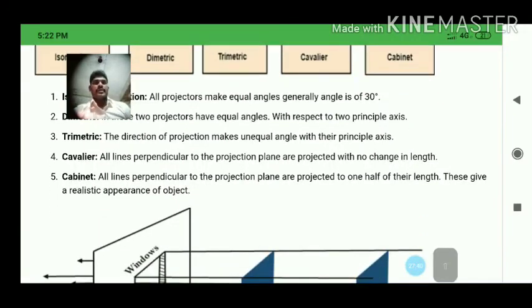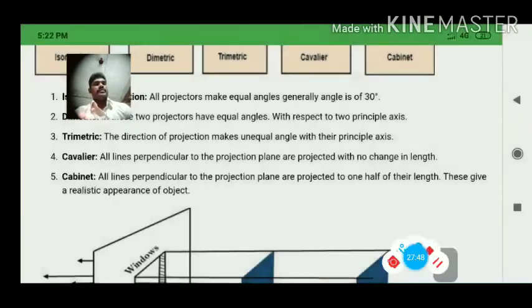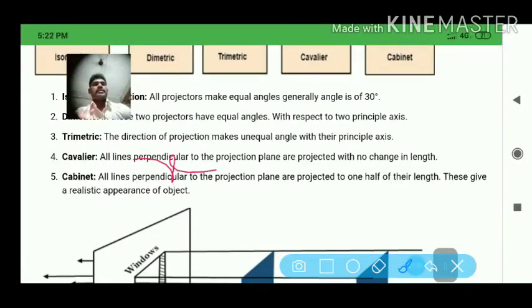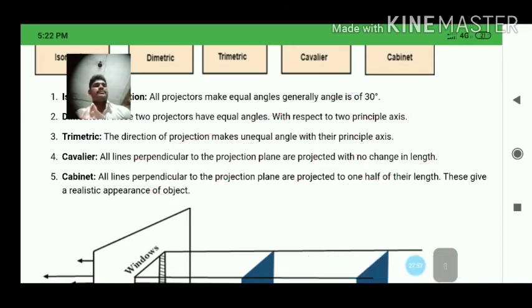And the last one is the triometric. The direction of projection makes unequal angles with the principal axes. Here the three axes are different. It means x is not equal to y, not equal to z. So the three are different, not similar at all. We are making angles but not equal angles. In isometric, equal angles.